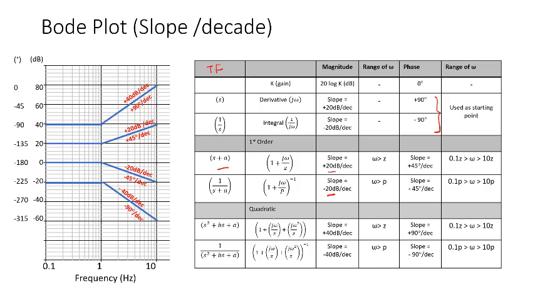For the second order or quadratic, the zeros of the transfer function are used to represent positive 40 dB, and the poles represent minus 40 dB. So how do we sketch the positive and negative dB in the Bode plot?